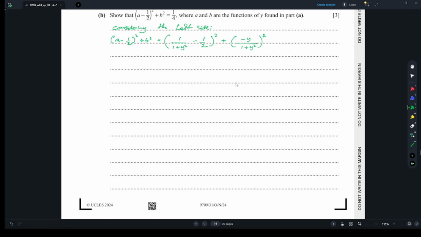Okay, so what we can do, inside this first bracket we can take the common denominator and simplify. So we can just cross multiply, minus 1 plus y squared, so 2 times 1 plus y squared, here squared, plus now here I can write y squared divided by the square of 1 plus y squared.